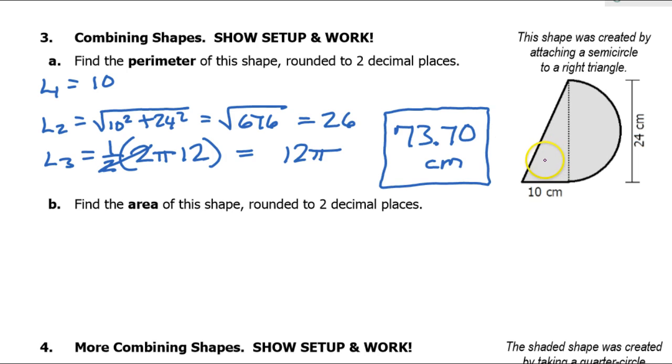So I'm going to look at this as area 1, and I'm going to look at this as area 2. So area 1 is a triangle. So the formula for the area of a triangle is 1/2 base times height. The base of the triangle is 10. And the height of the triangle is 24.